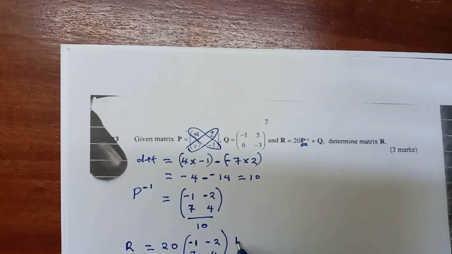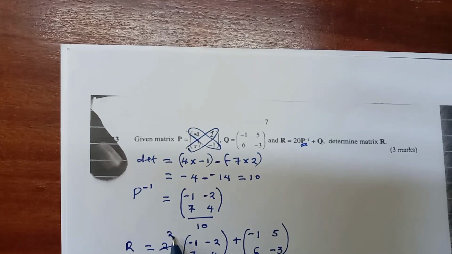Then plus Q. Our Q, from here, is negative 1, 5, 6, negative 3. You can see that 10 goes into the first matrix once and into 20 twice.